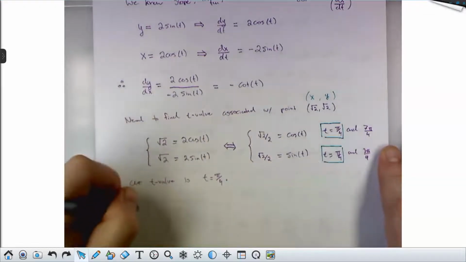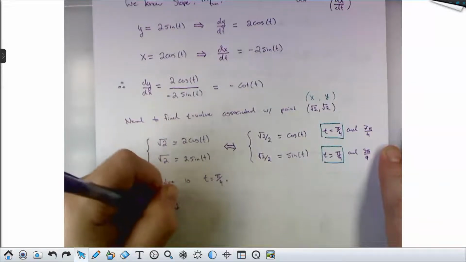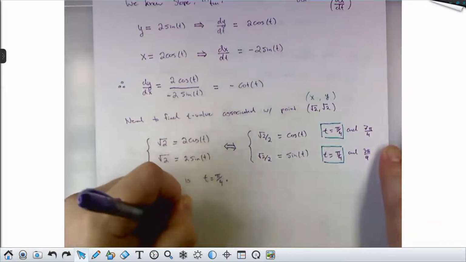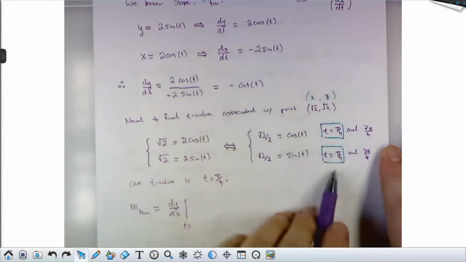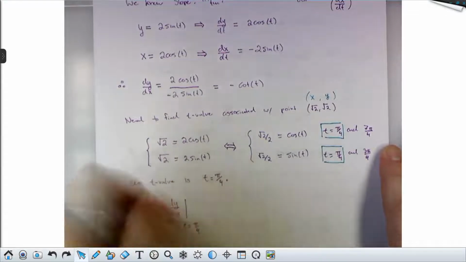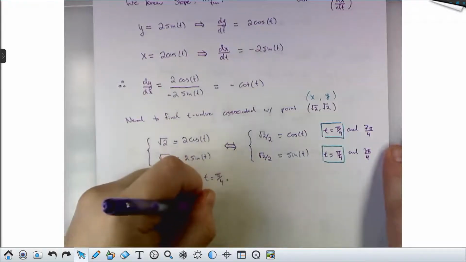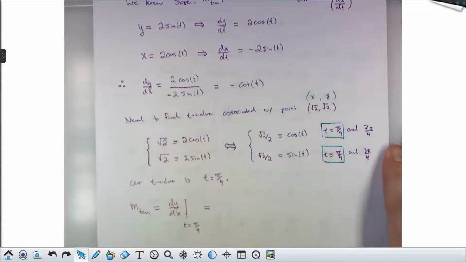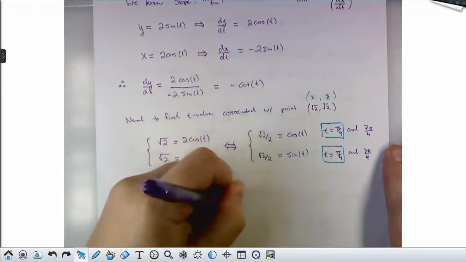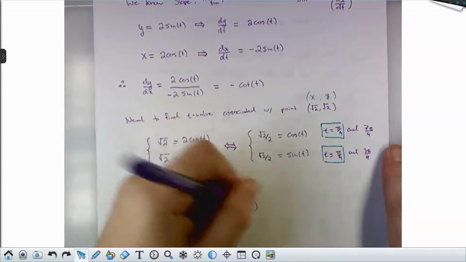So the slope of the tangent line, we know, should be dy dx evaluated at the t value that we found here. And since dy dx was negative cotangent t, dy dx evaluated at t equals pi over 4 is the negative cotangent of pi over 4.